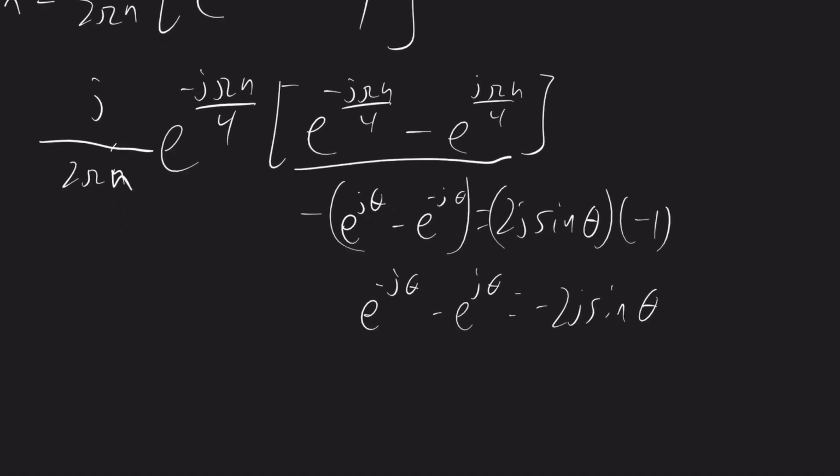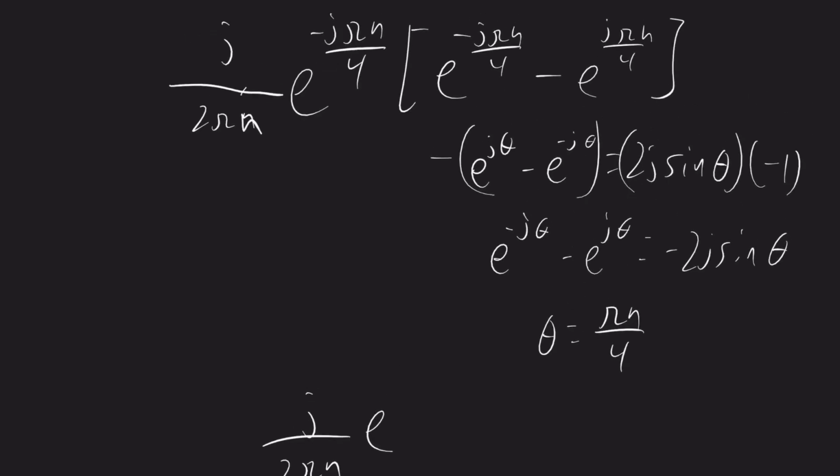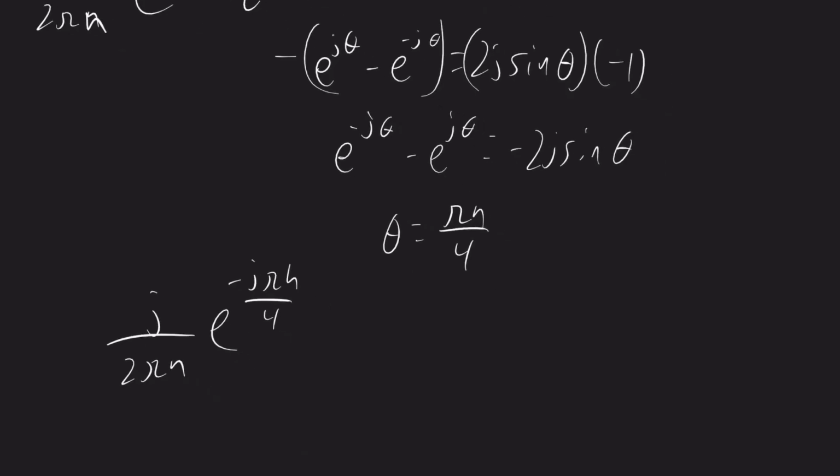And this is equivalent to what we have there if theta is equal to pi n over 4. So for this first term, it'll be j over 2 pi n e to the negative j pi n over 4 times negative 2j sine of pi n over 4.